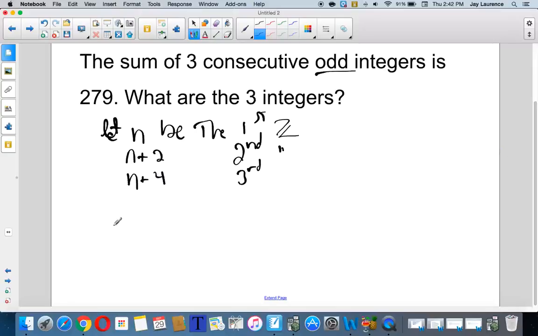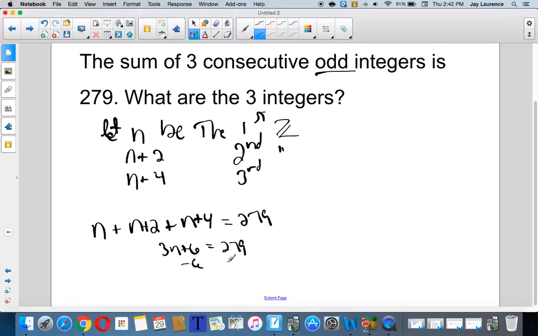So I know that if I add them together, n plus n plus 2 plus n plus 4 has to equal 279.